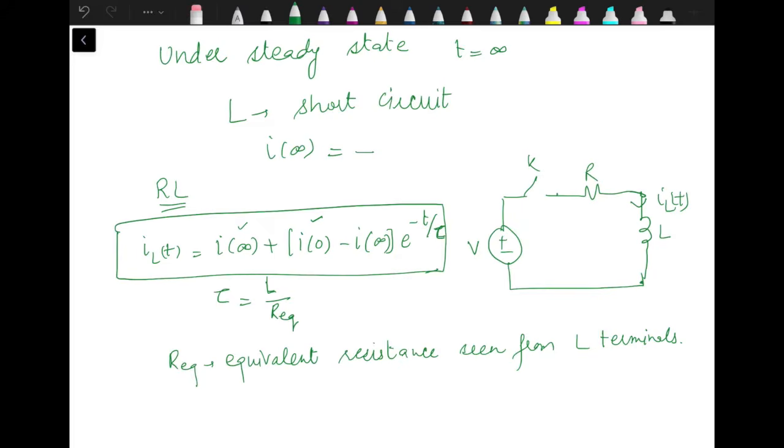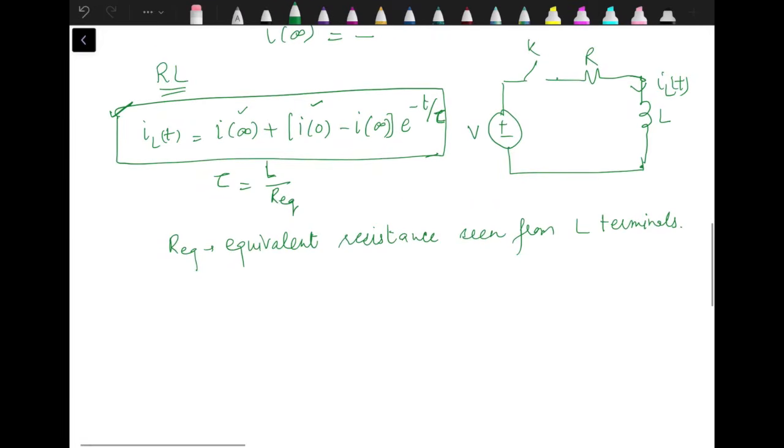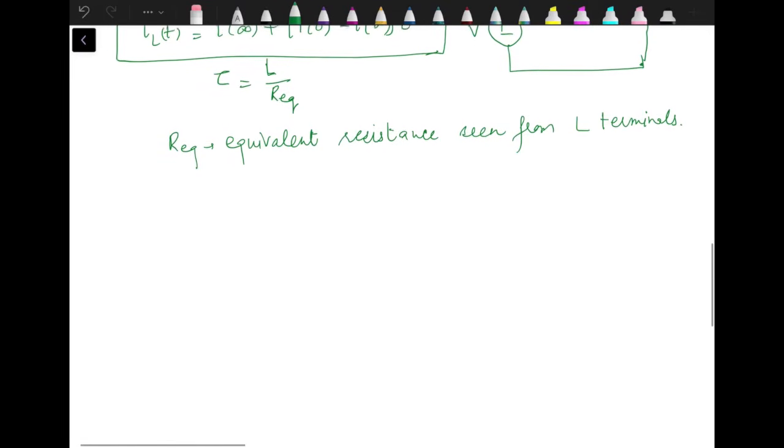So in solving the transient problems, we have to follow three steps. We have to do the calculations before switching, then after switching, and then we need to calculate the time constant. So this is a formula which we will be using in RL series circuits.